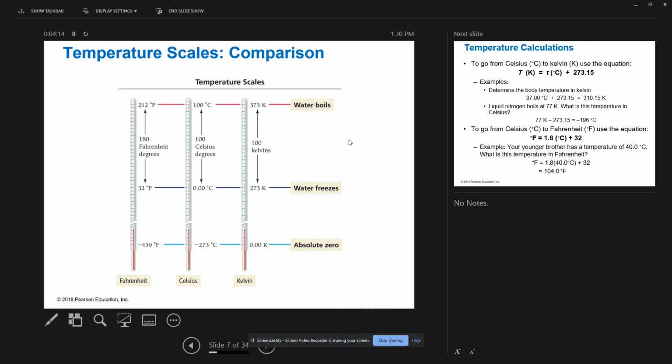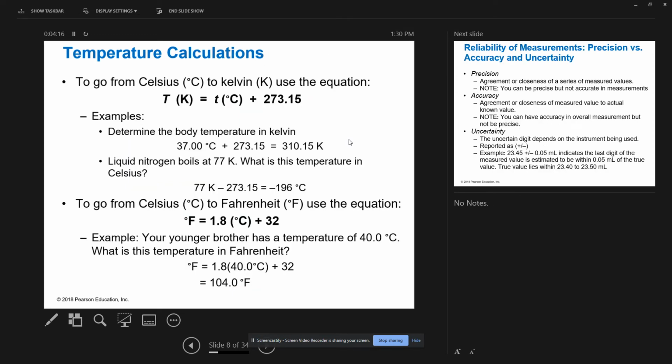To convert between these, you're going to use these temperature conversions. If we look at going between Kelvin and Celsius, we're going to use this equation right here. Kelvin is equal to degrees Celsius plus 273.15. So we can just convert using that equation. Go ahead and write that down. We can convert between Celsius and Kelvin.